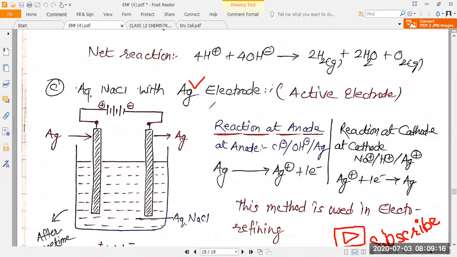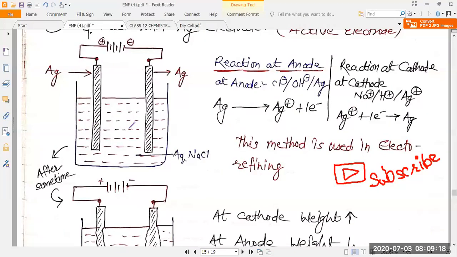Then, the reaction at the electrodes. Here, when we take an aqueous solution of NaCl, the NaCl salt is dissolved in a large amount of water. The salt will dissociate into Na plus and Cl negative.